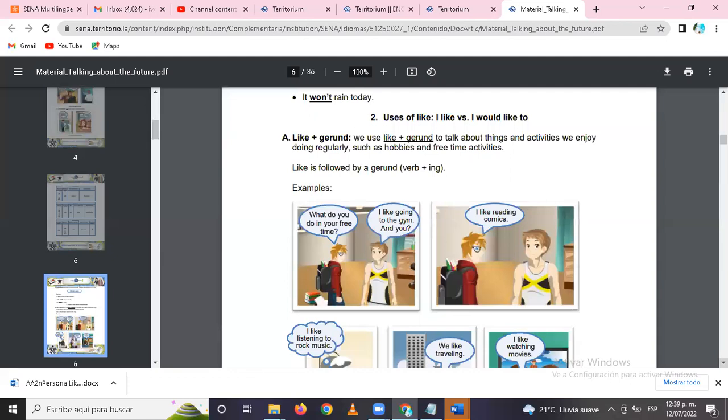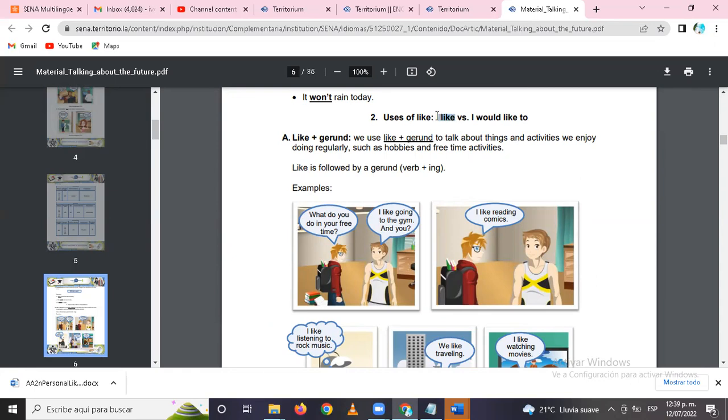The second part, like plus gerund, uses of like. So remember, in present we use do, does as an auxiliary. I like, I don't like. She doesn't like. Remember, she likes, I like.